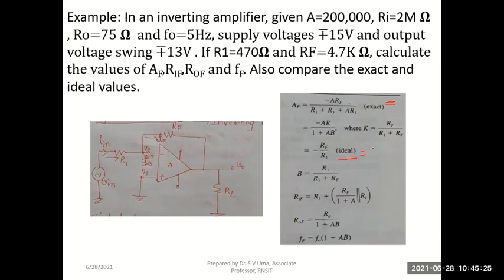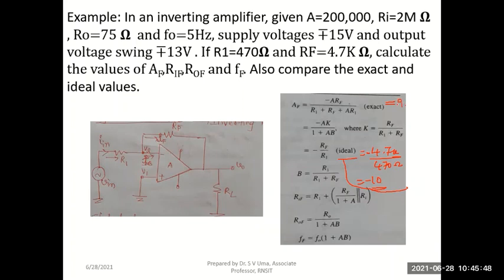Ideally, you will get how much? 4.7 K by 470 ohms with a minus sign. This is 10. Ideal gain or practical gain is minus 10. Minus 9.77.